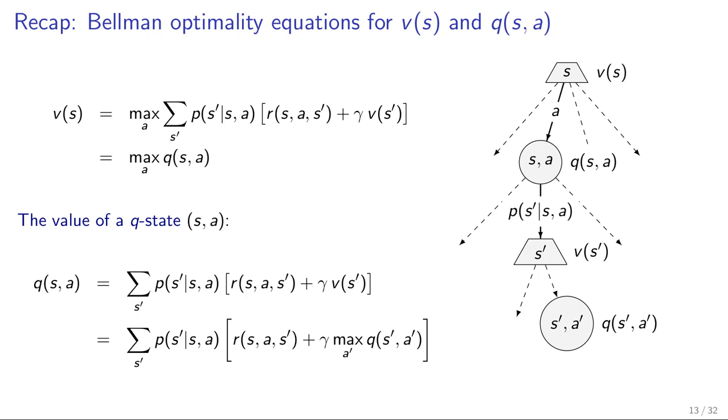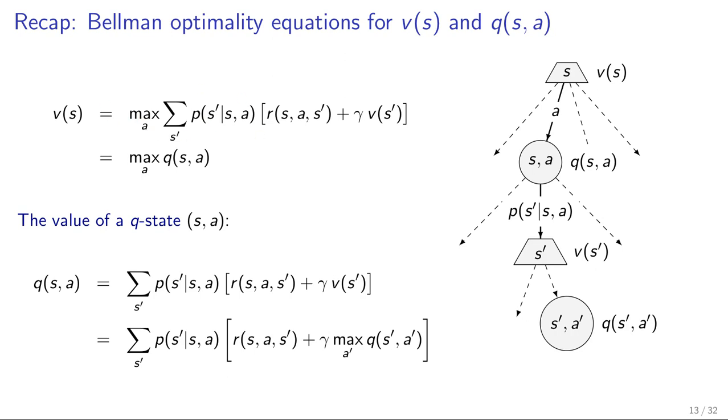So this is the standard case of the MDP, where you have the transition probabilities, the reward function, and the discounted value of the state where you landed. So you're in state S. You have the choice of making an action, and then you max over those actions that you can make.